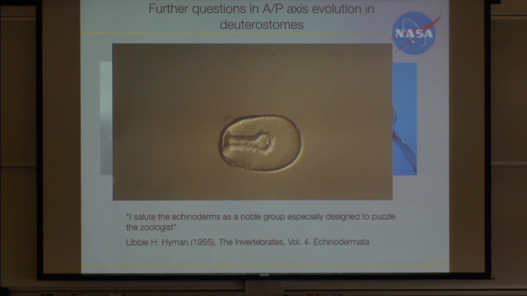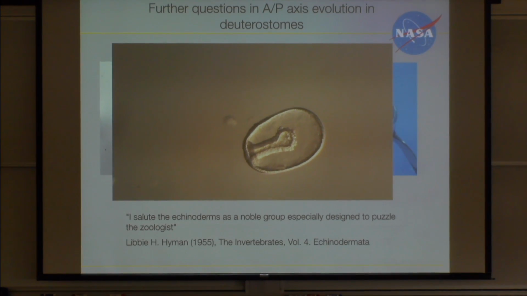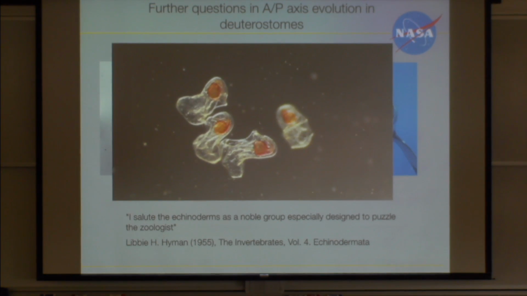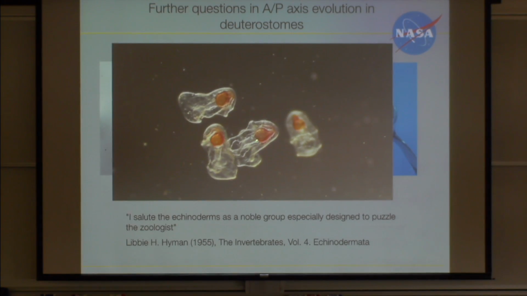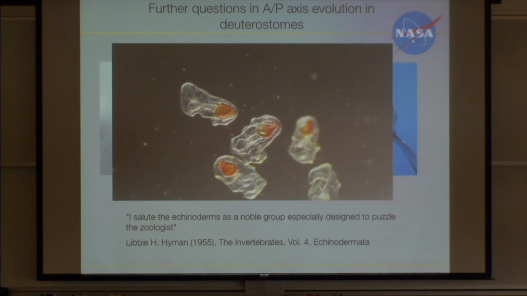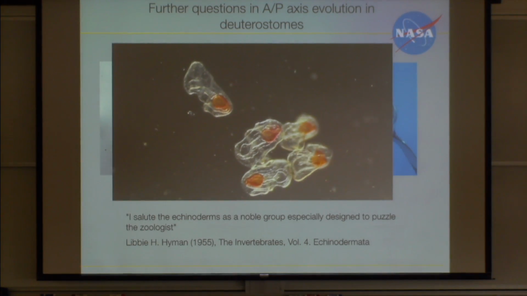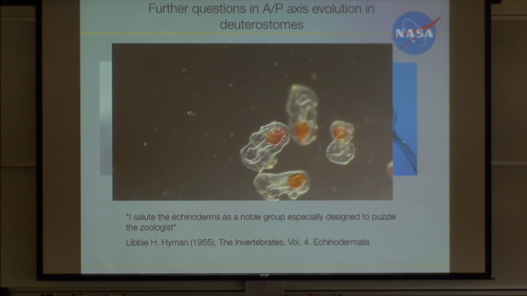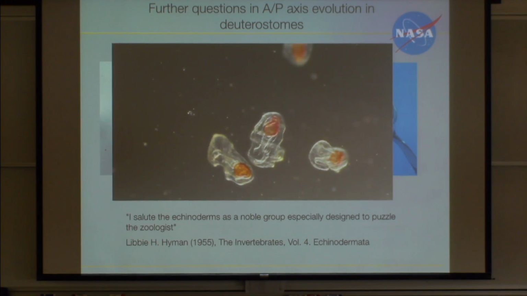Echinoderms are really fascinating because they start off life as a perfectly respectable bilaterian. This is a starfish larva that shows an anterior and a posterior. Here's the mouth, the ventral side opening up, and it has a dorsal side. As a larva, they're very simple animals, but they clearly have a dorsoventral axis and an anteroposterior axis.